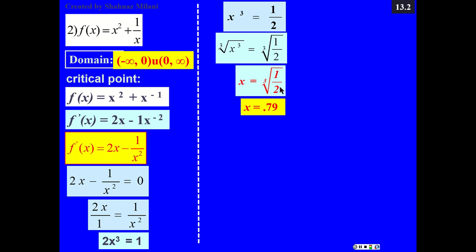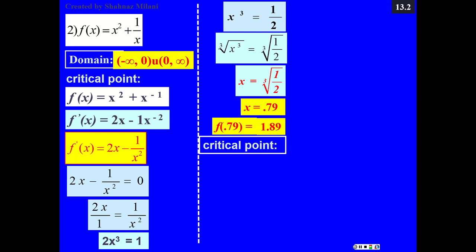This is the x coordinate for your critical point. To find the y value, you go to the original problem, replace your x by 0.79, and find the answer, but you can recalculate at home. Then, the critical point: the x is 0.79 and my y is 1.89.